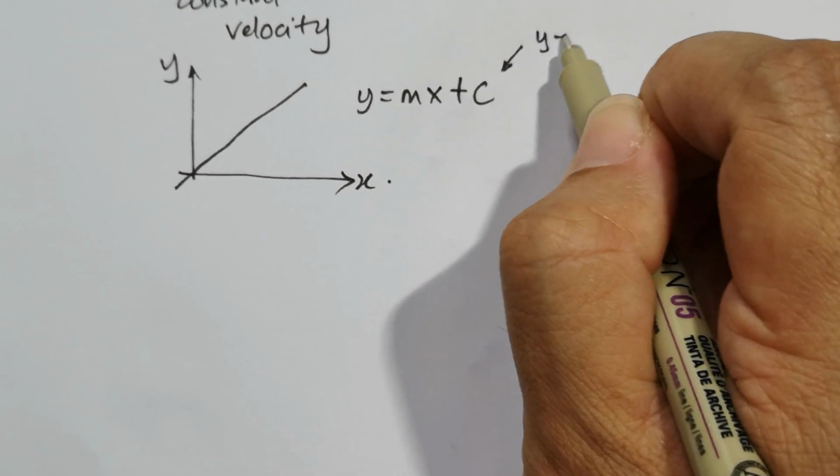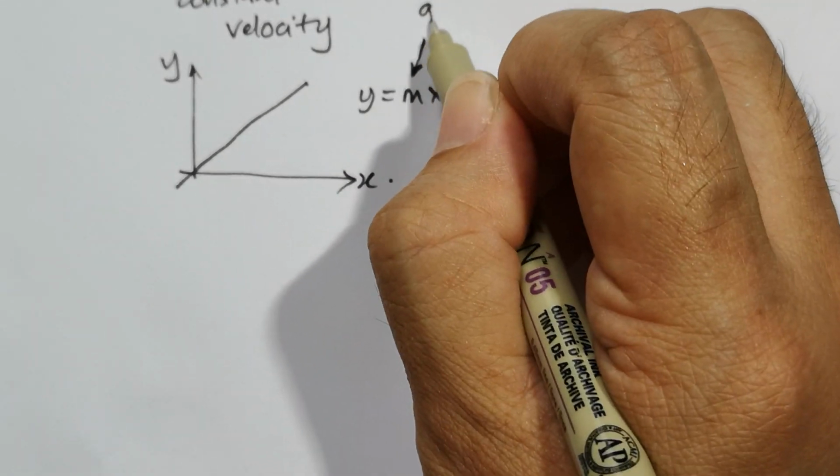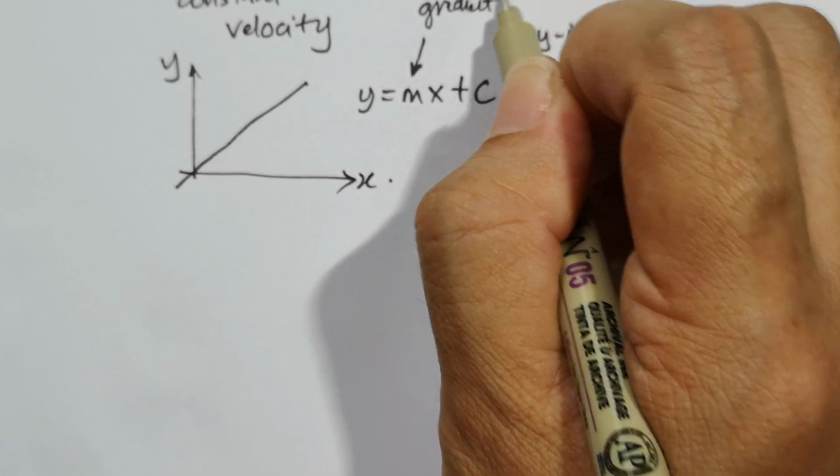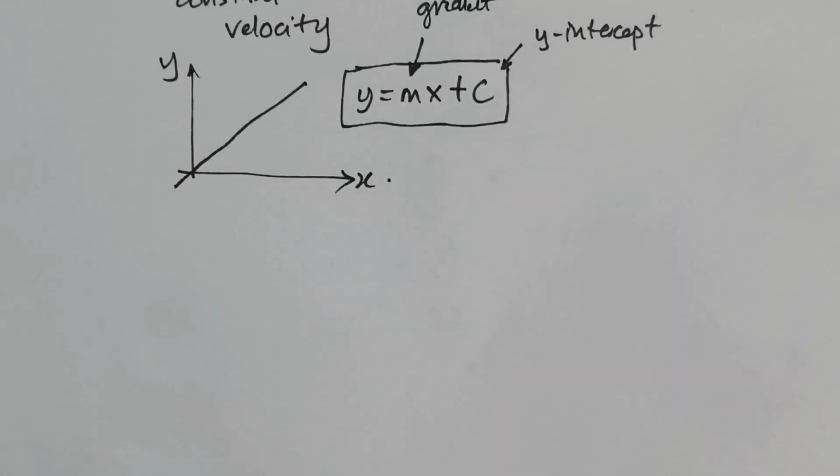This is the y-intercept, and this is the gradient. This is the general formula for a straight line graph.